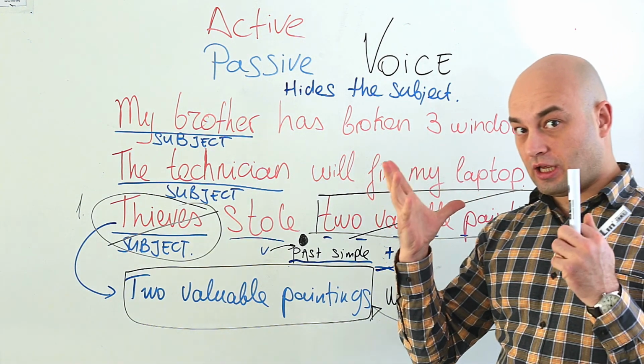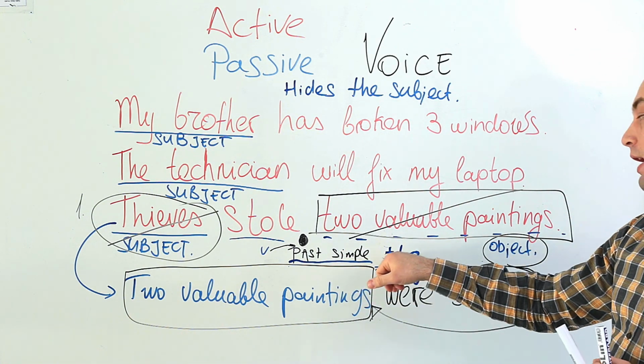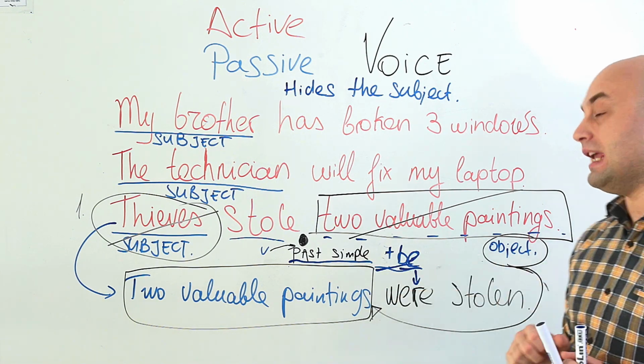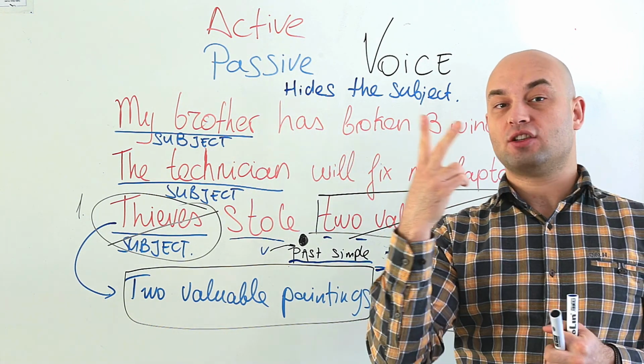So I need to keep the verb tense the same. So I keep the past simple, but I add it to the verb be, and I make it a complex structure. Now there's not only one verb, there's 2 verbs.